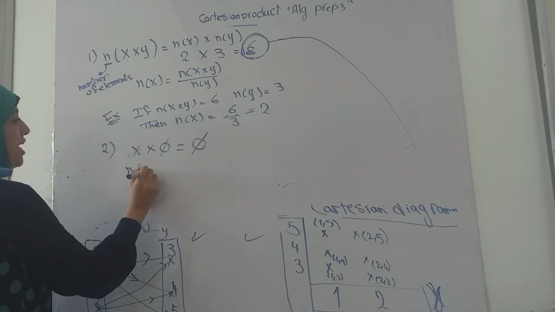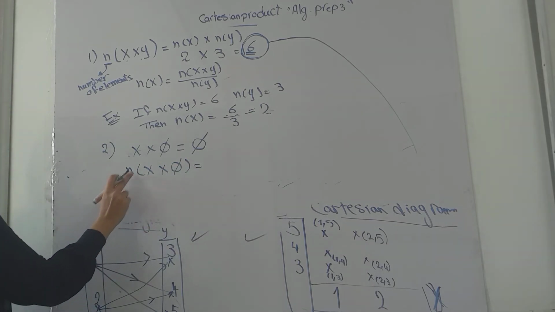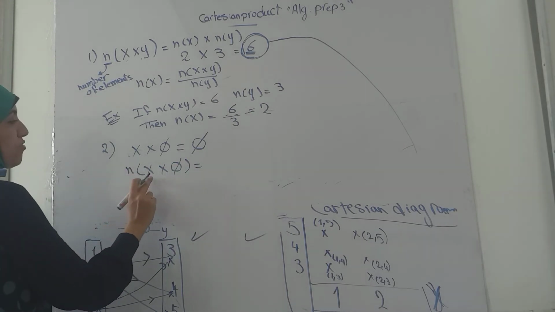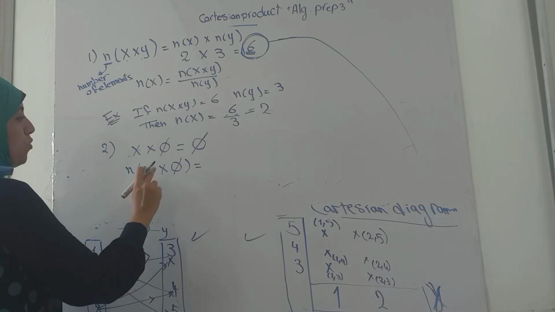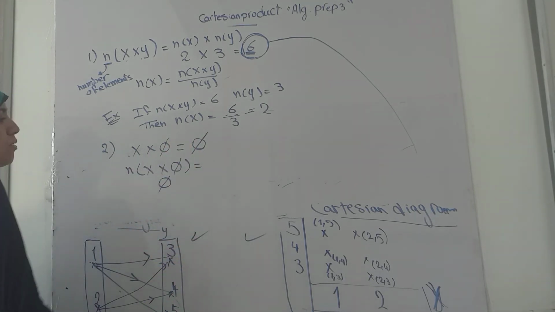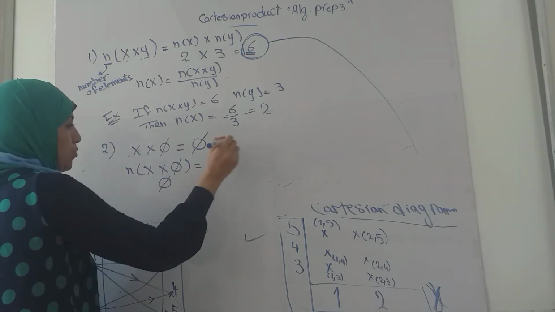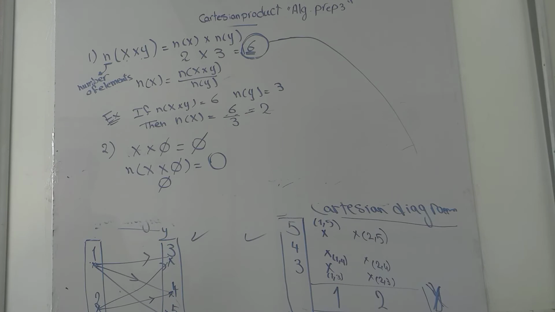What about n of x by empty set? It means the number of elements of x by empty set. The empty set has no elements, so the answer will equal 0. Okay?